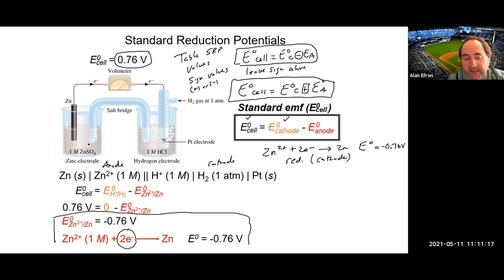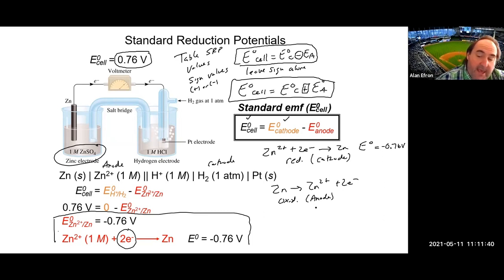But in our particular reaction here, the zinc is actually the anode, which means in order to make this reaction the anode, you would reverse it, which would put the solid zinc over here on the left, and the zinc with a +2 and 2 electrons. This would be the oxidation reaction, or the anode reaction, right? And when we reverse one of these reactions, the sign changes. This becomes now positive 0.76 volts.